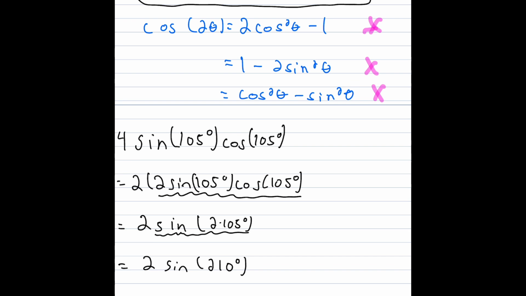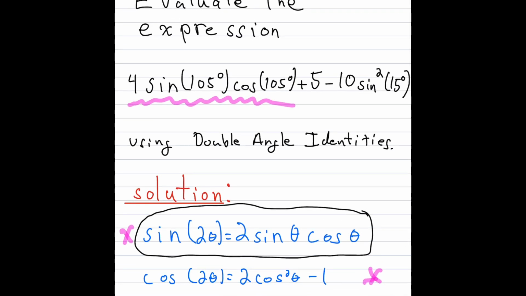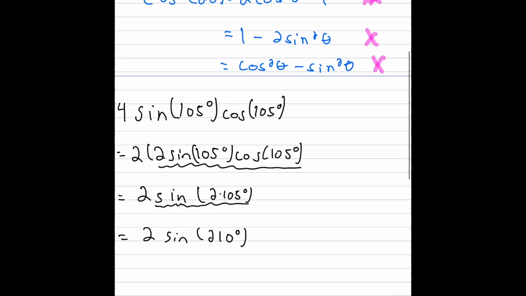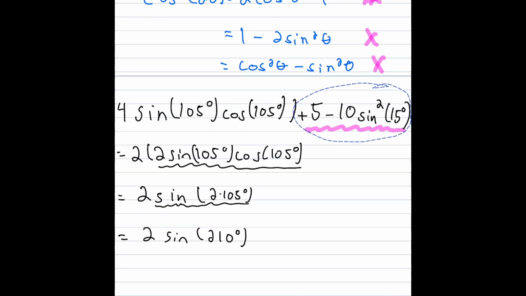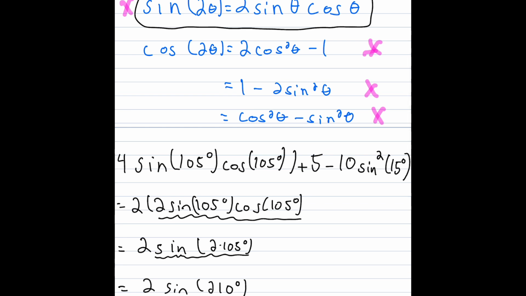Now let me go back to my other part of the expression, which was the 5 minus 10 sine squared 15 degrees. Let me copy that and paste. And we'll go ahead and work with this as well. This sort of looks like the second identity, the 1 minus 2 sine squared, except I have a 5 instead of a 1 and then a 10 in front of the sine squared instead of a 2.